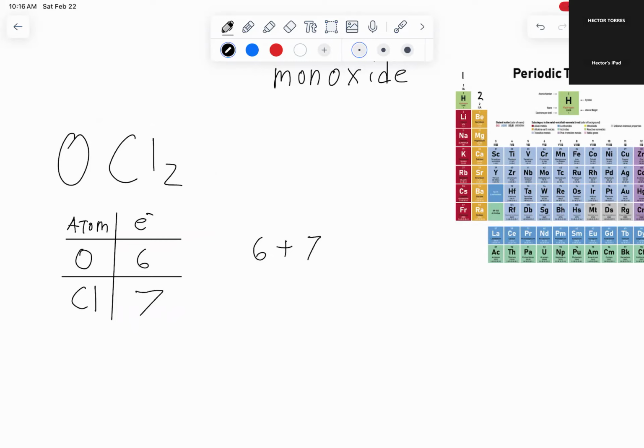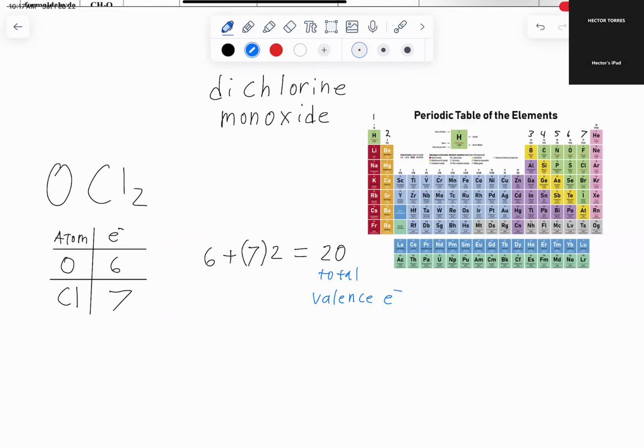However, we do have to take into account that we have 2 chlorine atoms, so we're going to times that by 2. Our total valence electrons are going to be 20. 20 total valence electrons. Okay, with that, we're going to go to step 2.